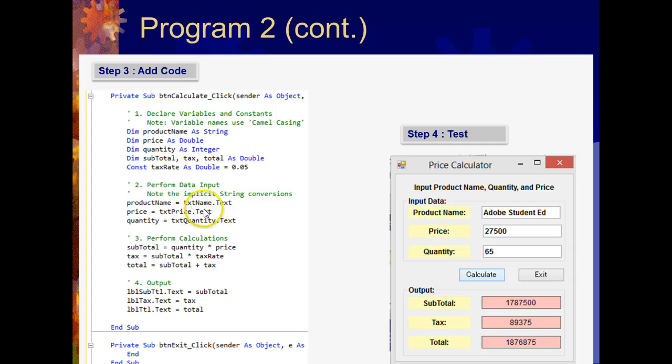And then here we do the data input. So text name dot text, that's this text box. Text price text, that's this text box, and so on. And then we do the calculations. So quantity times price is subtotal, and these also, and then we load them into the output. Okay?